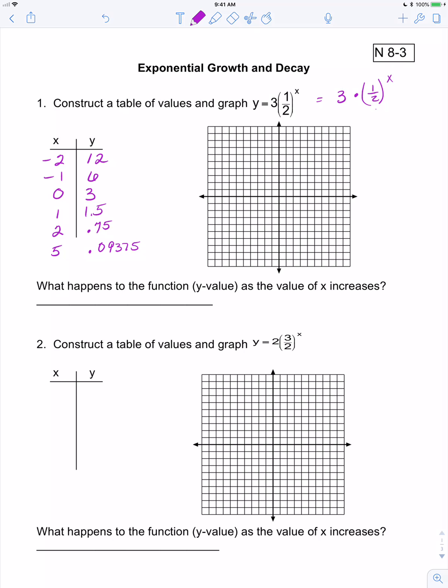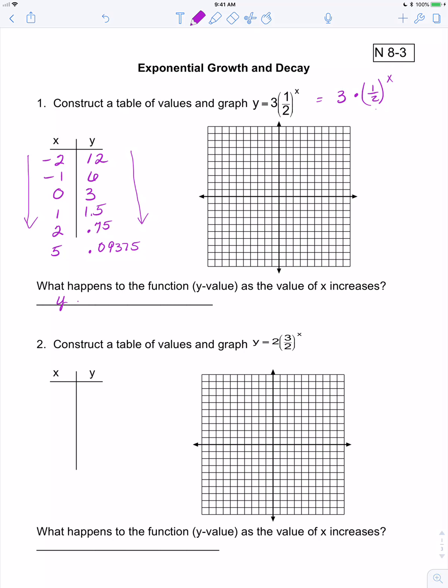So notice what happens to the function, the y value, as the value of x is increasing. Well, here x is increasing as we're going this way, because that's like my number line. Well, what's happening to my y values? Well, those are getting smaller and smaller.